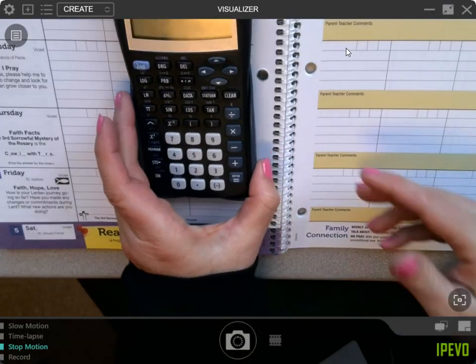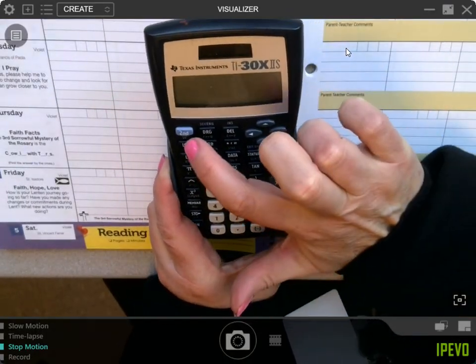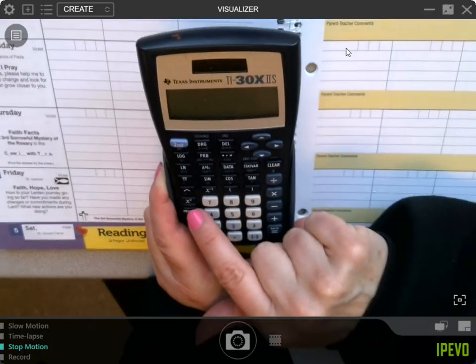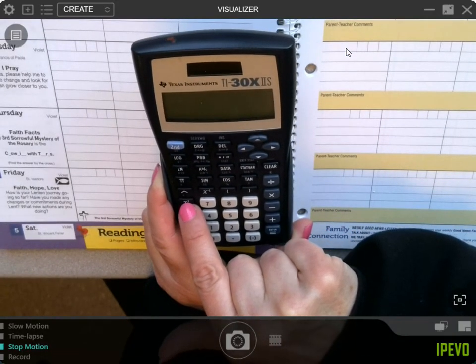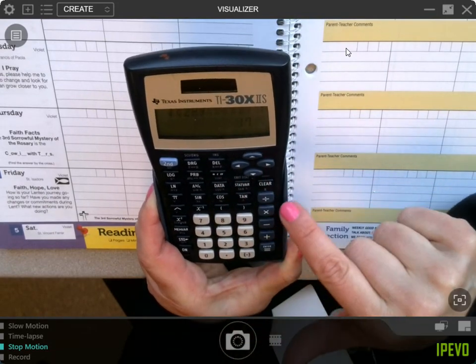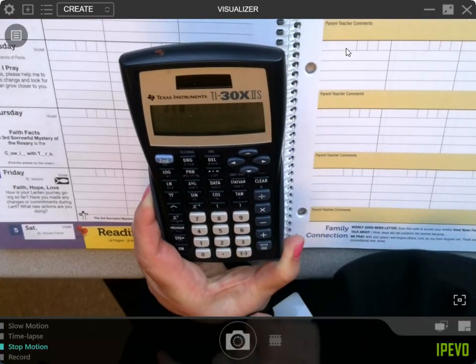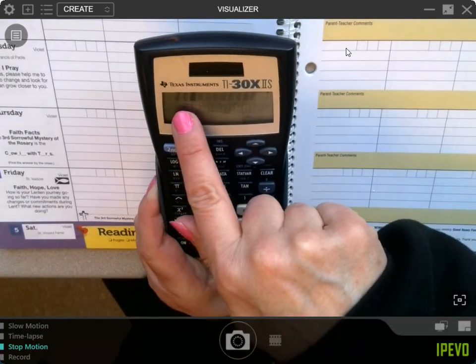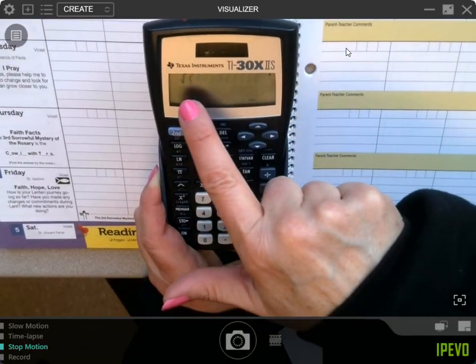On the calculator, if we want to find the square root of 25, we would do the second button, and then we would do where that square root is, right above the x squared. You see the square root button? Oops, I need to turn my calculator on. So you do the second, and then that square root, and you'll see that square root symbol on the calculator.